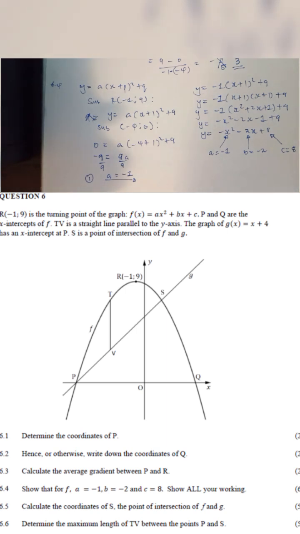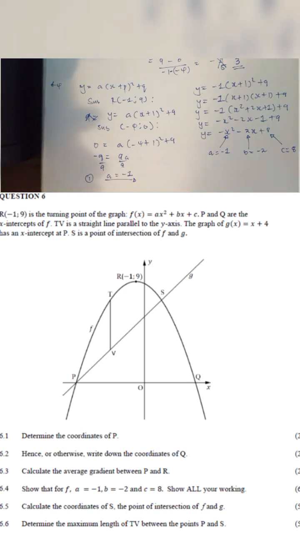Now when we look at our graph, we have the turning point and another point, which is the x-intercept. So we can use the turning point form of the parabola to find the equation.